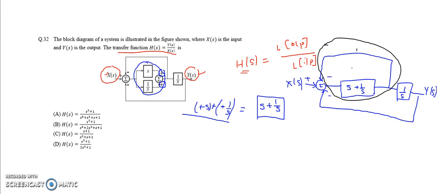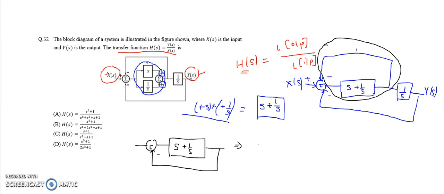Negative feedback. So I'm just separating this block and drawing it here, and it looks like s + 1/s with negative feedback.